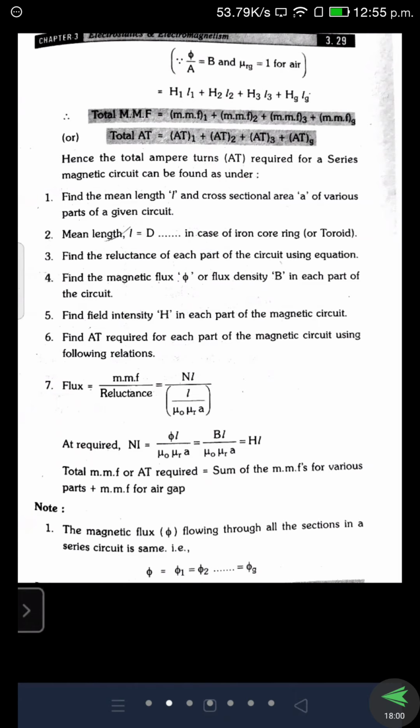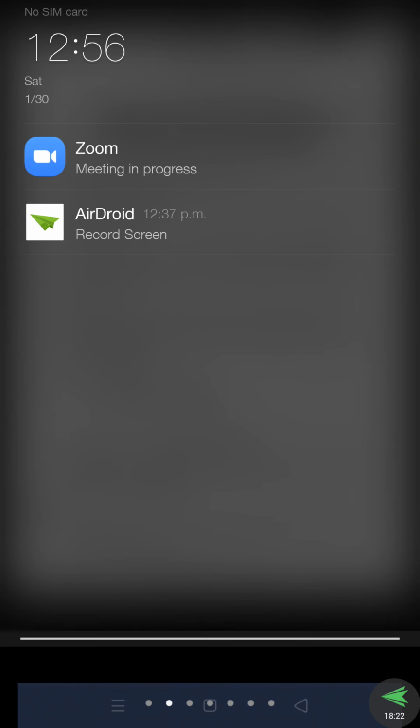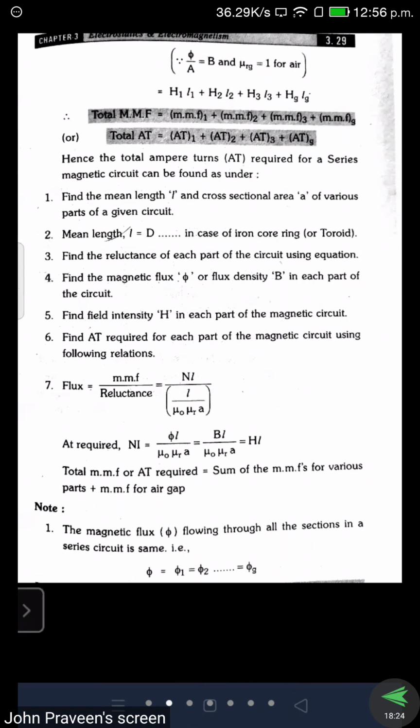Similarly, whenever an air gap is placed, we calculate 2 ampere turns, 2 MMFs, that is MMF1 and MMFG, because there is only one core material and an air gap is also provided. For example, if there are only 2 materials with an air gap, then we calculate 2 MMFs for the cores as well as 1 for the air gap.